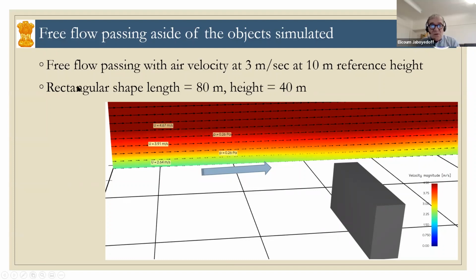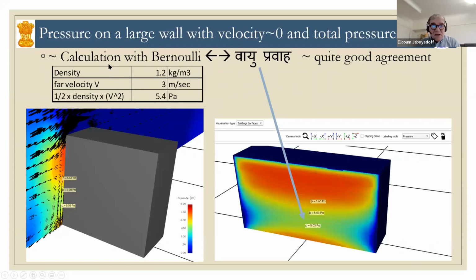And if now you look at a rectangular shape of 80 meters long and a height of 40 meters, and you calculate the same way as I showed just before, with the velocity at about 3 meters per second, you can see that the pressure calculated with the Bernoulli equation is 5.4 Pascal, and what we get with the software is in the same range.